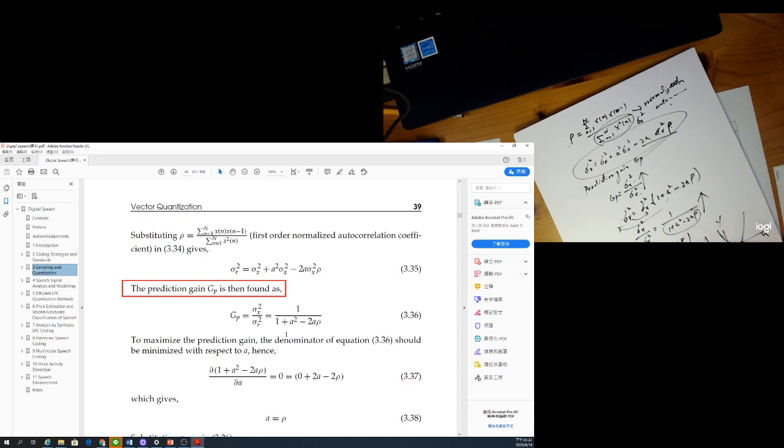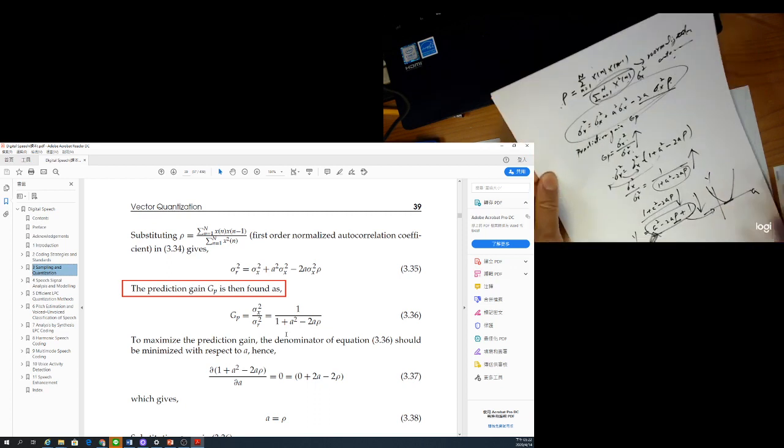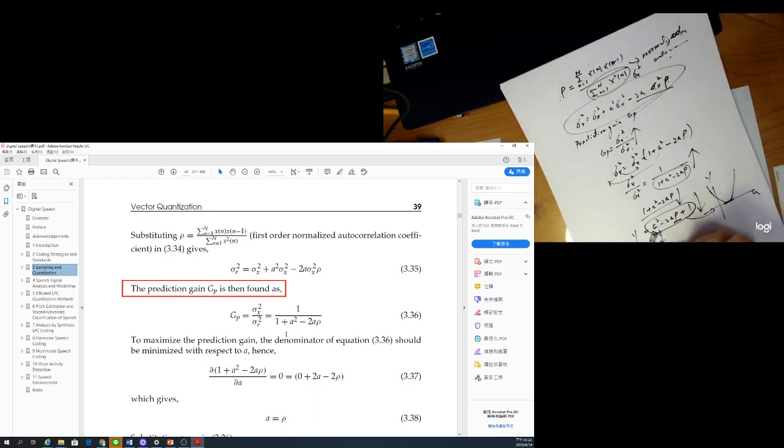Because the variable parameter is A, we take the partial derivative with respect to A, so 2A minus 2 rho, 2R equal to 0.